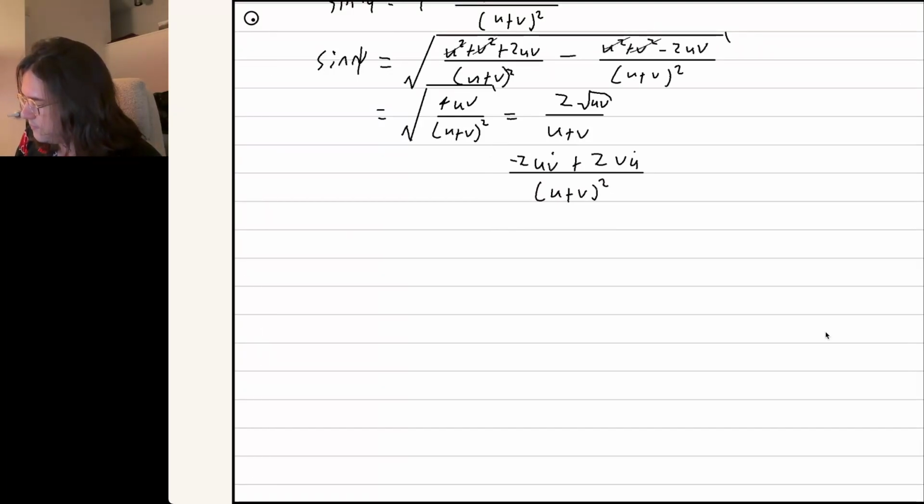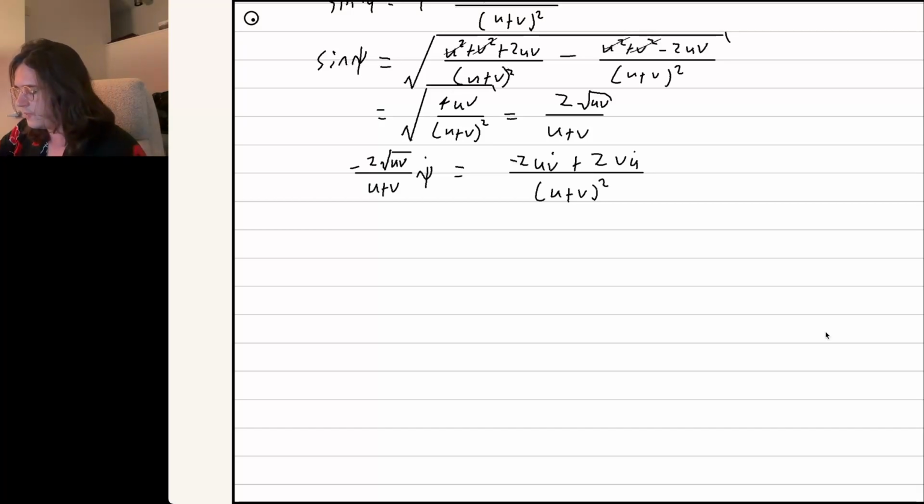On the left-hand side, we had minus psi times psi dot. So we'll do minus 2 root uv over u plus v psi dot.